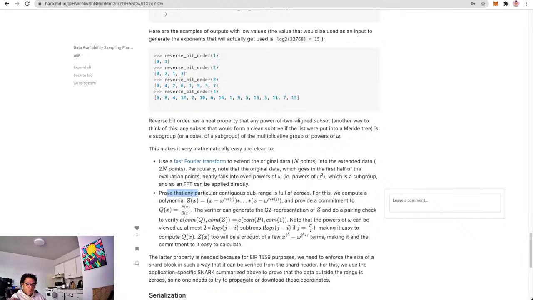For this, we compute a polynomial Z of x, x minus w to the reverse bits of i, times x minus w to the reverse of j.